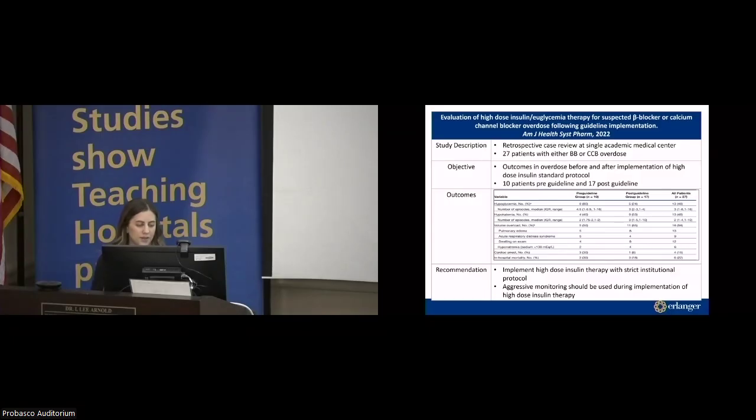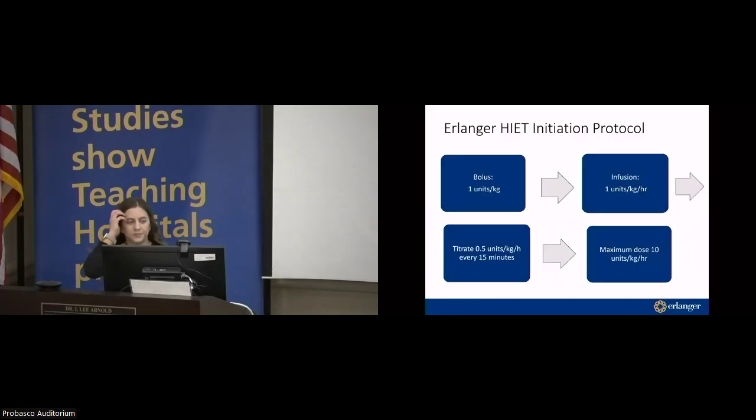Essentially, what they recommended after looking through all this data was that implementing the high dose therapy protocol was beneficial. It demonstrated that strict monitoring and a protocol were needed when giving this type of therapy. So at our institution, we do have a high dose insulin protocol for these patients.